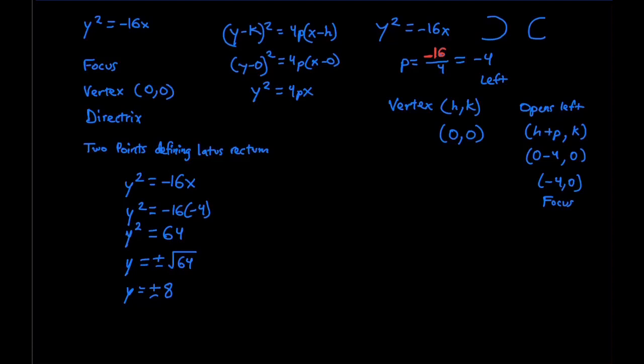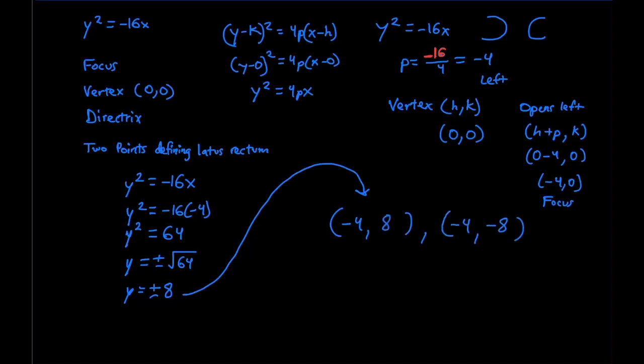And then remember, this was based on the x coordinate of the focus. So this gives you the answer very quickly. You got the 2 points. When the x was negative 4 for the focus, we found that one of them is positive 8. The other one is negative 8. Alright, so that's it for this question.